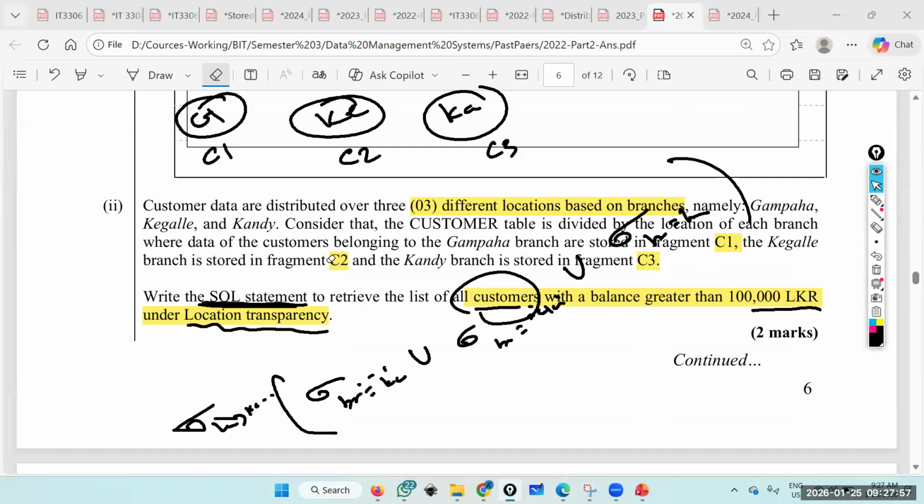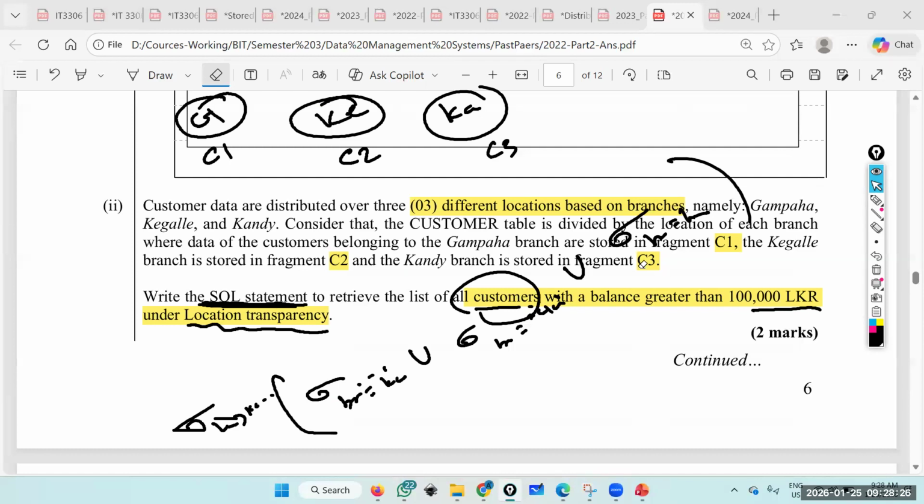But do we need to refer to the fragmentations, C1, C2, C3? That is my problem. Because C1, C2, C3, the location transparency, whether it's in site 1, site 2, site 3. But C1, C2 are fragments. So one possibility is you just write a normal select statement, so that means everything is transparent.